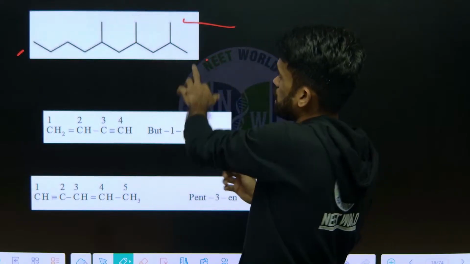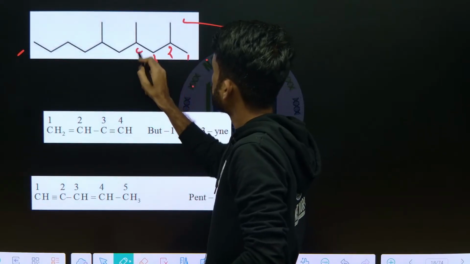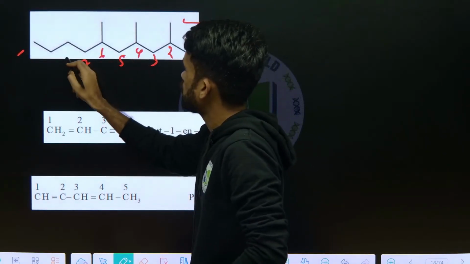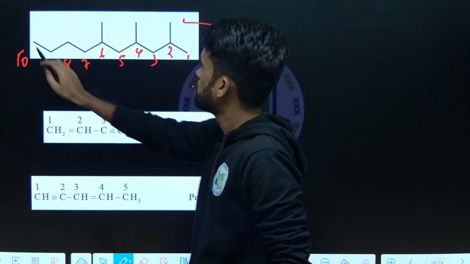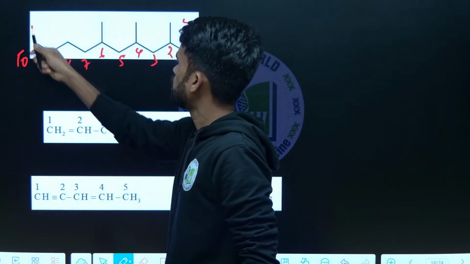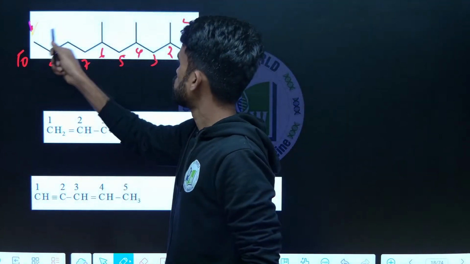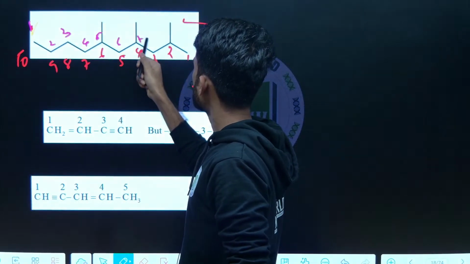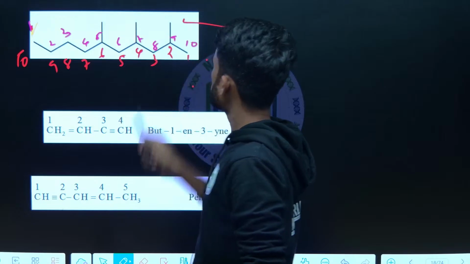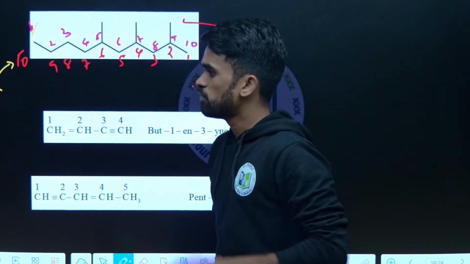It means if I give numbering from here, we will get 1, 2, 3, 4, 5, 6, 7, 8, 9, 10. 10 we are getting. If I start numbering from here, let me change the color, we will get 1, 2, 3, 4, 5, 6, 7, 8, 9, 10.